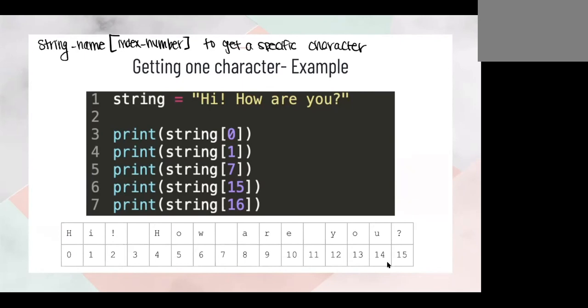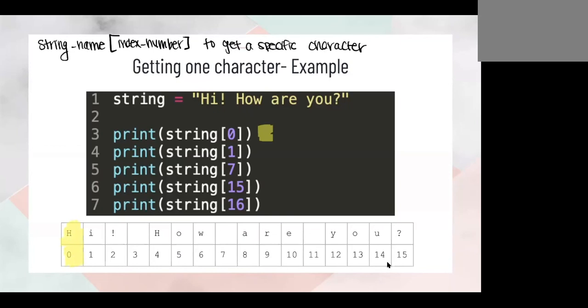So when I say print string 0, the very first example right here, what would print? Capital H, very good, because this is the 0th character of our string.